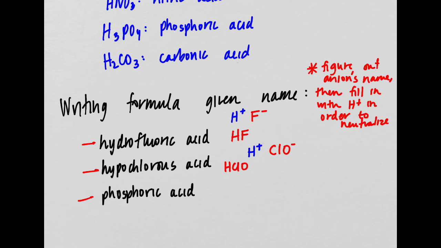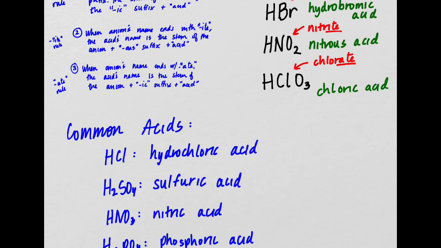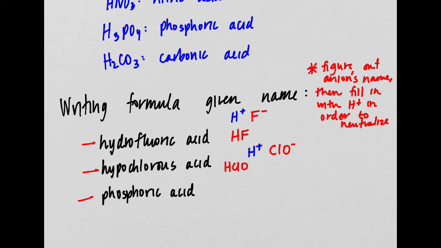Now let's look at phosphoric acid. The ic suffix here is associated with an ate ending. So if we're doing phospho, this must be phosphate, which is PO4 3-.